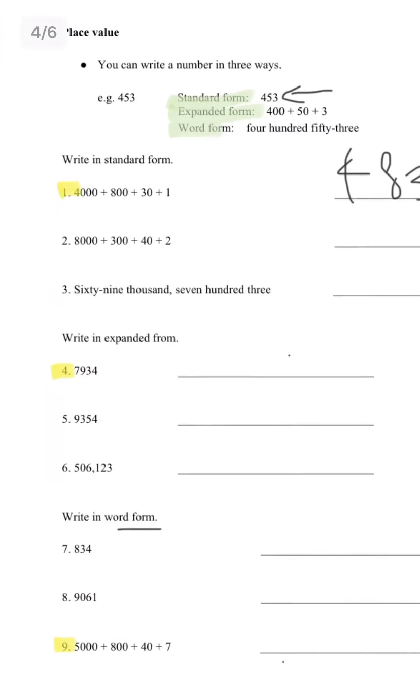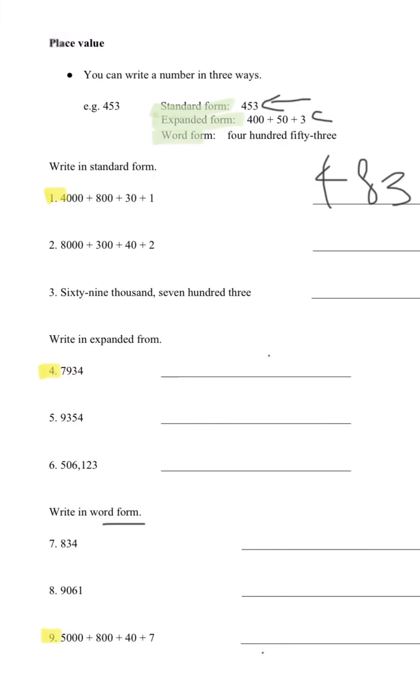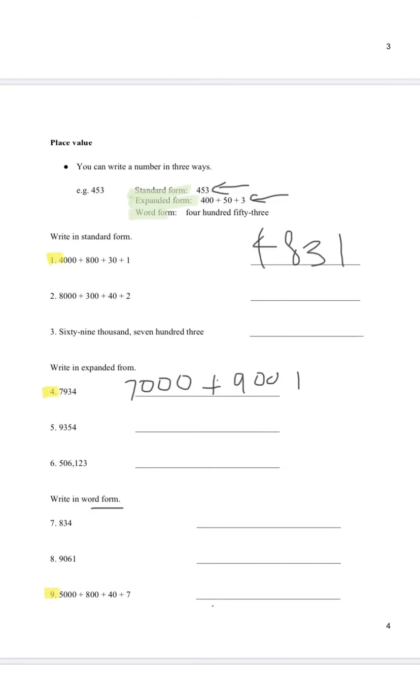And then number 4 says to write in expanded form. So it's gonna be the opposite of standard form, right? So 7,000 plus 900 plus 30 plus 4, right?